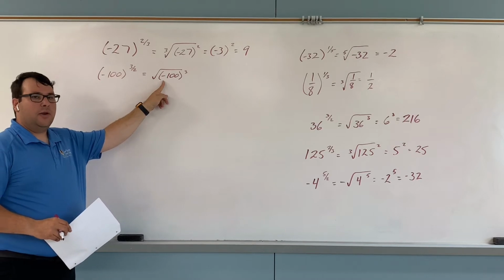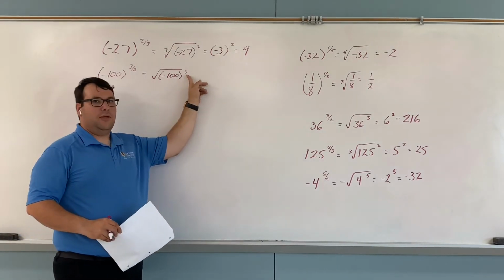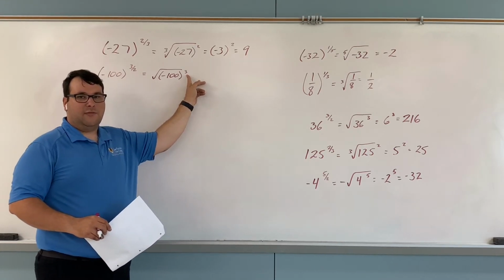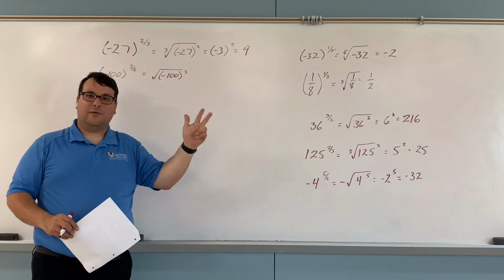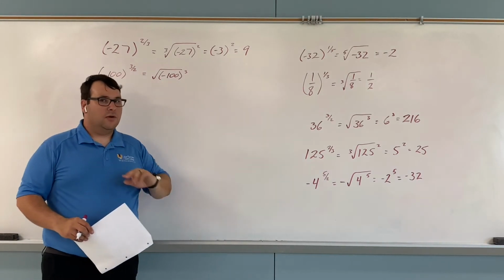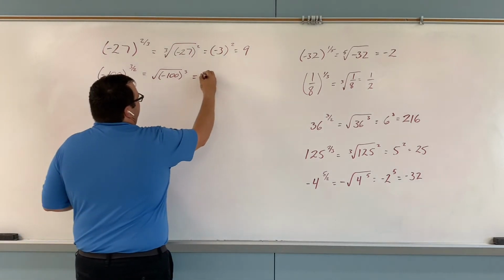Yikes. How do I know that? Well, this -100 wouldn't be cleared out if I were to multiply this by itself 3 times. It would still be negative because negative times negative is positive times another negative is negative. So my radicand would still be negative here. Does not work. This does not exist.